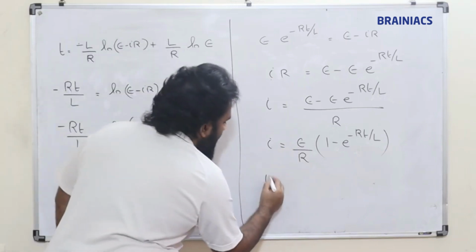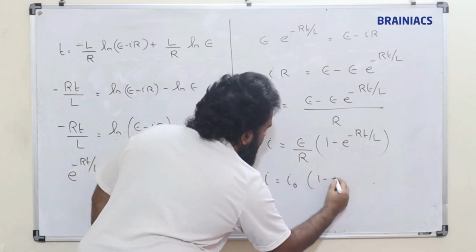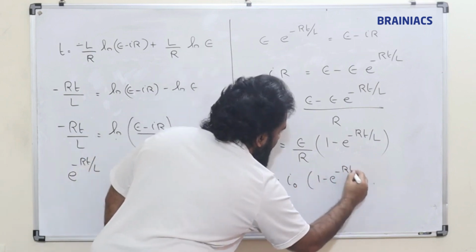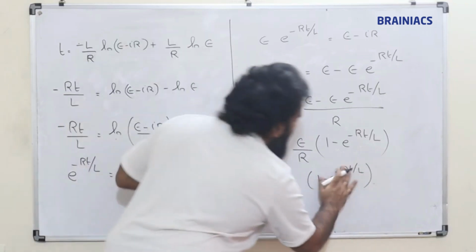So I can put I is equal to I naught into 1 minus E raised to minus RT by L.